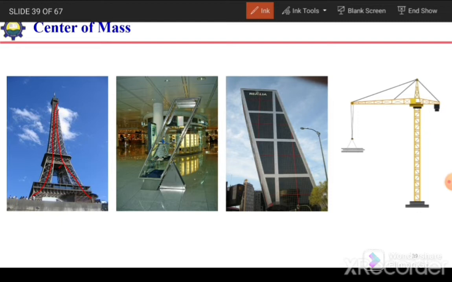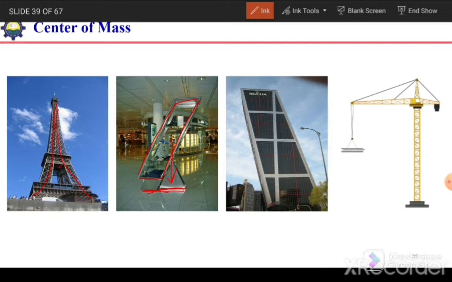Similarly, we see this shoe rack in the market. Alone it can topple because its center of mass will lie over here and it will be away from its supporting area. But if we want to make it stable, we need to increase its supporting area. Now this center of mass is passing through the supporting area, so it will become a stable structure.